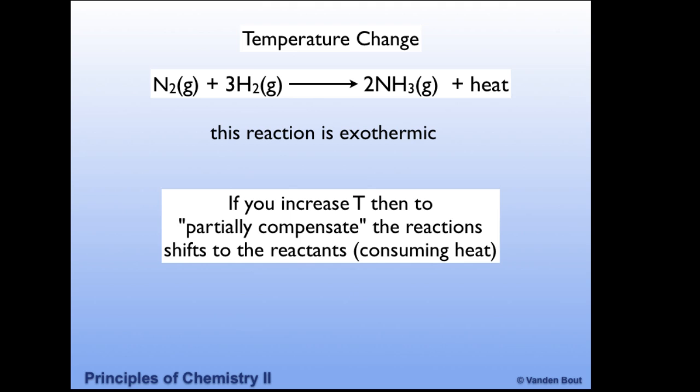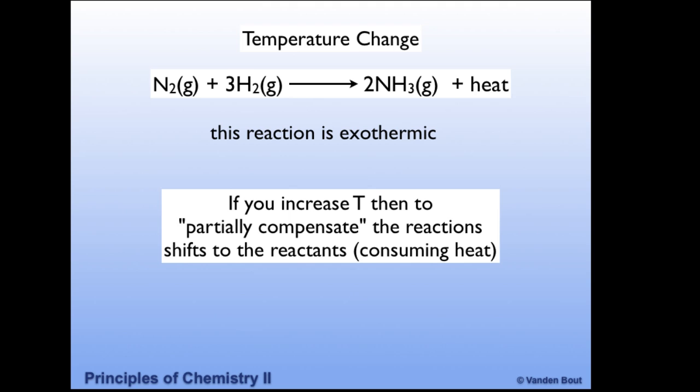So if we increase the temperature, we have to somehow input energy in the form of heat, and that's like adding a product. And thus the reaction would shift back to the reactants to partially compensate for this. That is, the new equilibrium would be established and we would have more reactants than we did at the other temperature.